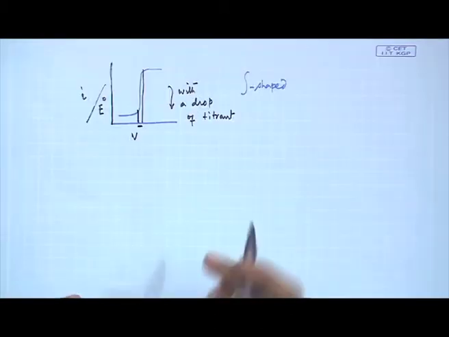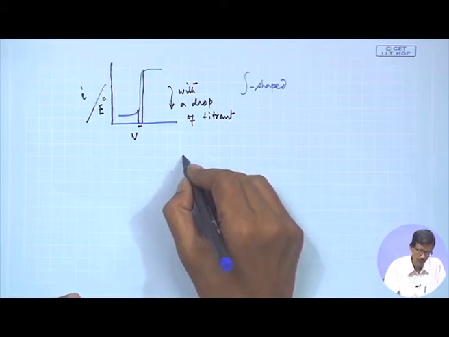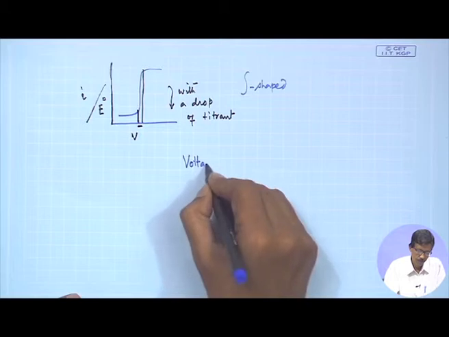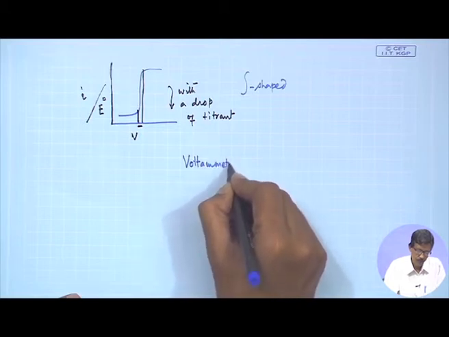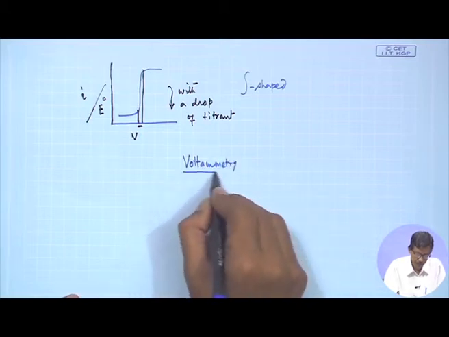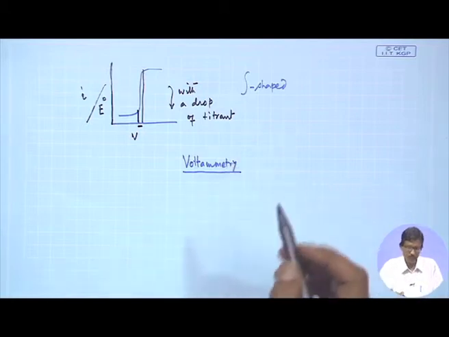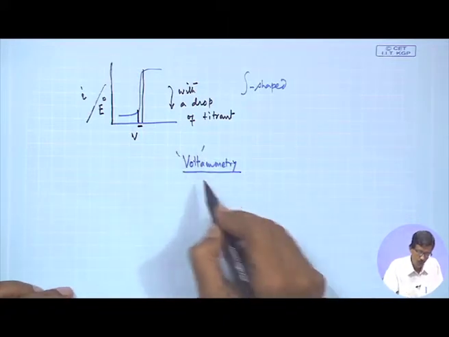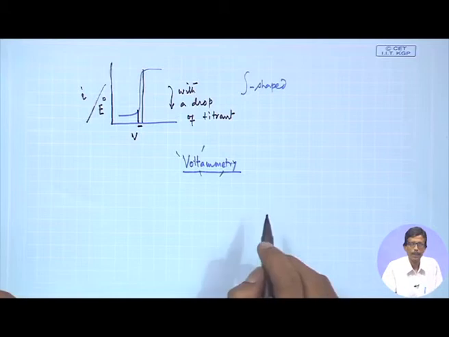So, voltammetry, not like your potentiometry, but voltammetric methods of analysis. You should immediately know that we are talking about something where these two terms are there, one is volt and another is ampere.